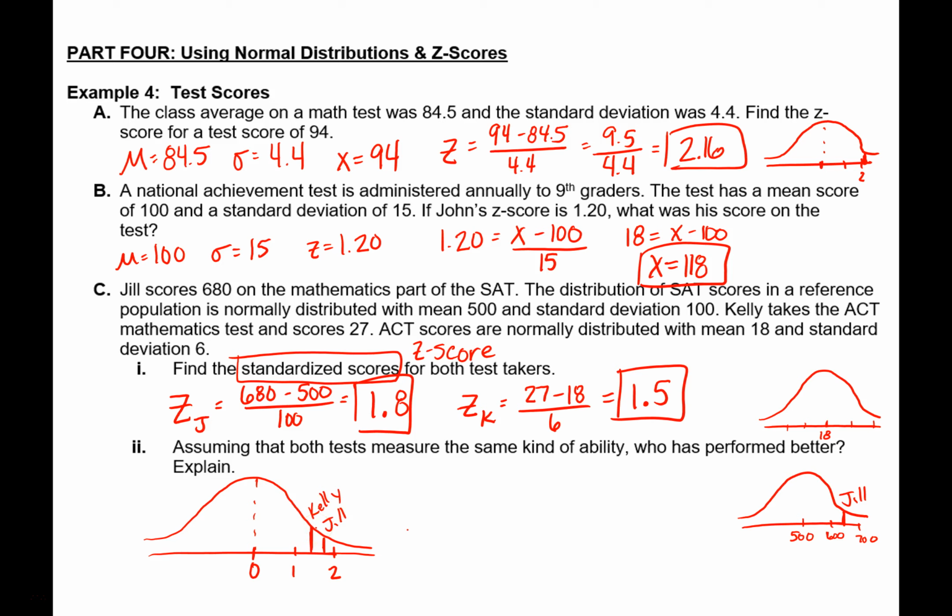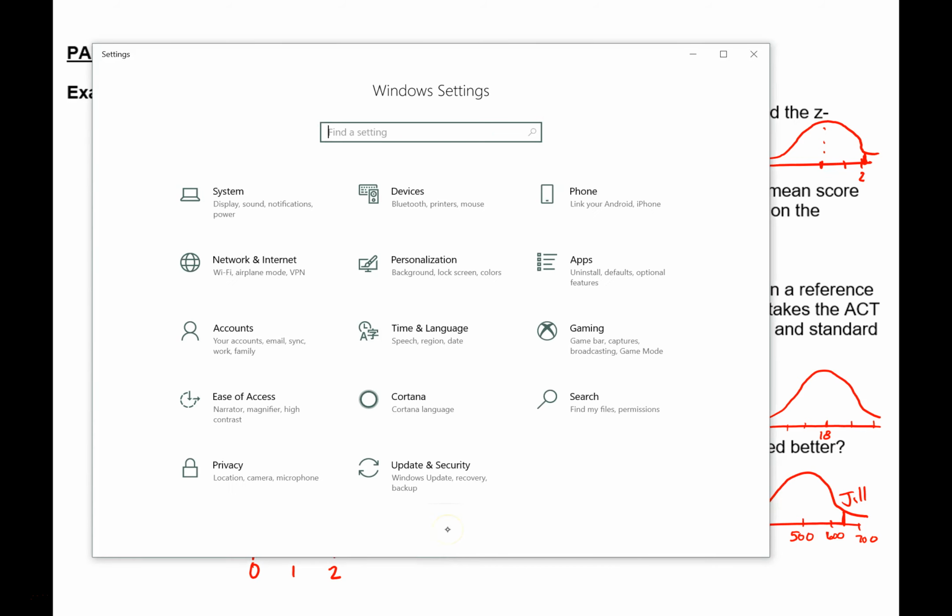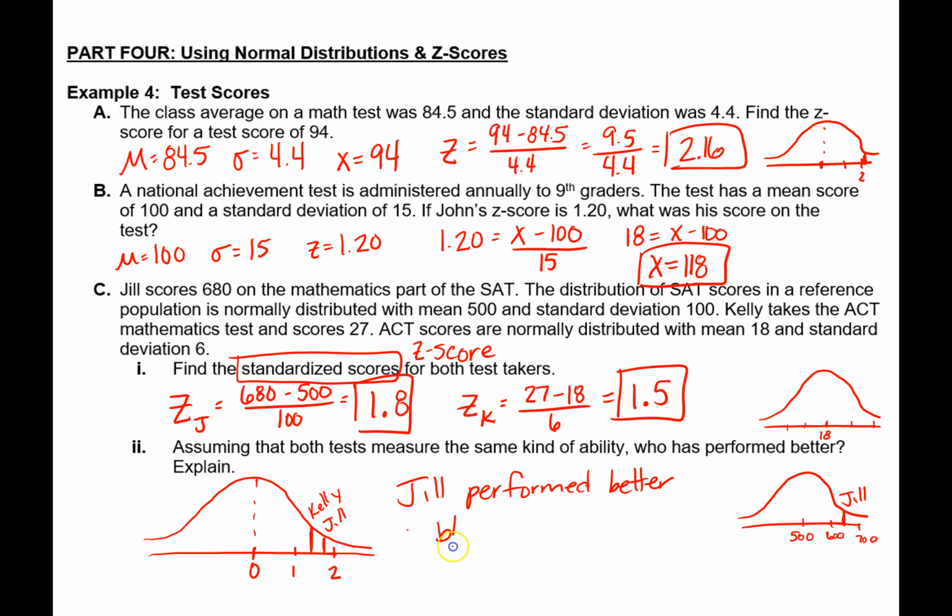So if we look at the standard curve, we know that Jill performed better because 1.8 is greater than 1.5, and Jill's score was greater than Kelly's score. So we can take data sets that aren't the same and convert them into a standardized format.